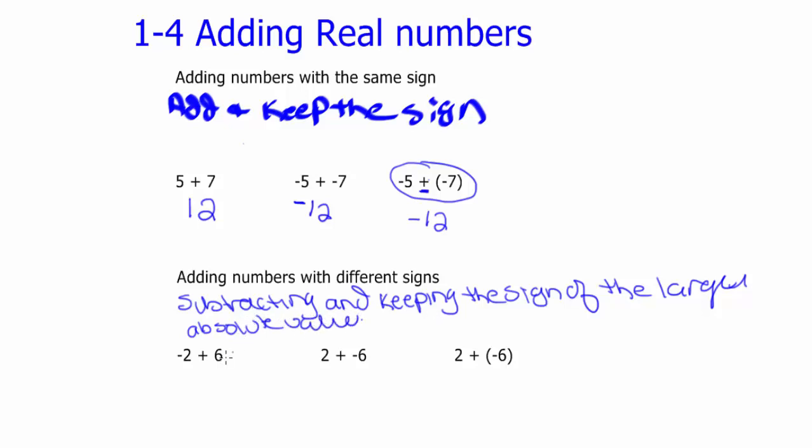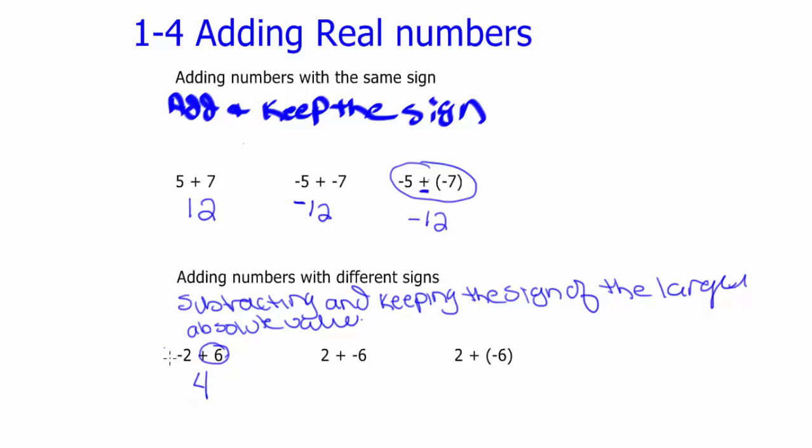So negative 2 plus 6, okay, you're actually doing 6 minus 2 to get 4, and since the 6 is bigger and it's a positive, that's why you keep the 4. That's why it's a positive 4.